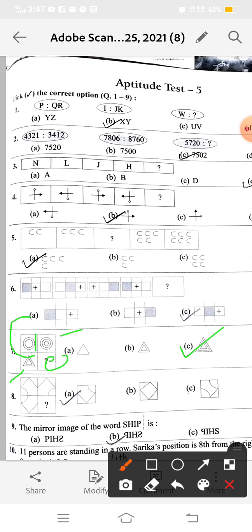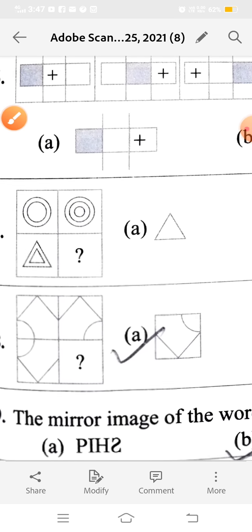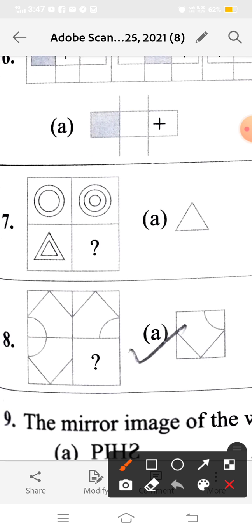Now this is an embedded figure. Okay, you have to find the embedded figure. An embedded figure means the one which can be fitted here correctly. So see which pattern will come here.